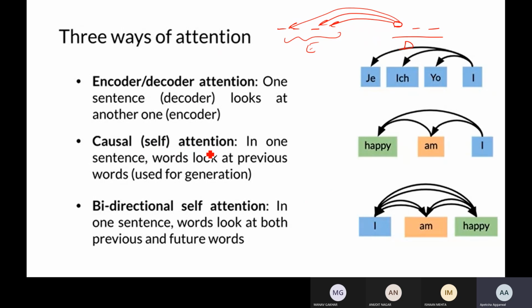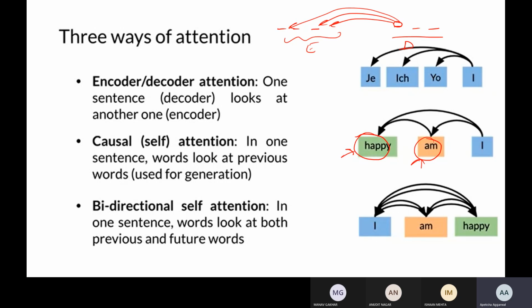In self attention, suppose I'm generating text, or doing text summarization, or some application where I'm generating the next word. Suppose I was predicting this word happy, and then I want to predict the next word am. So for predicting the second word, I will look up to happy. Whatever words were previously already generated, we will look at all those words in the same sentence.